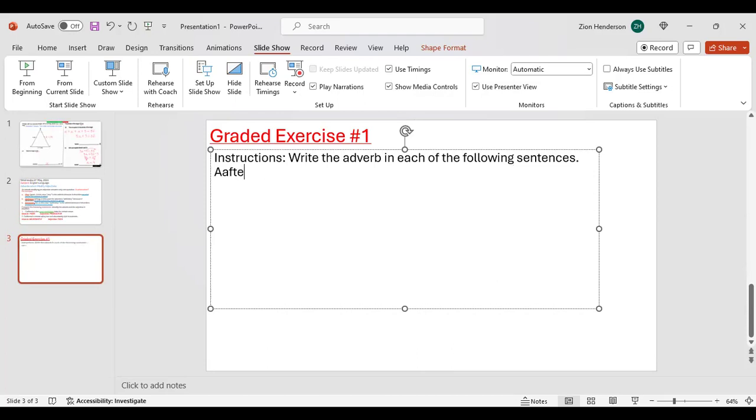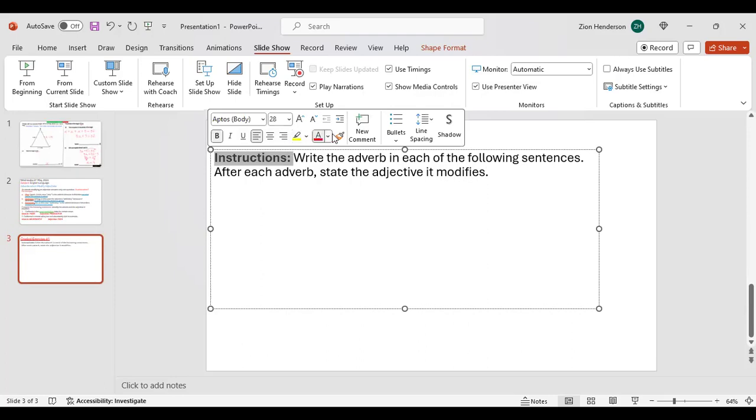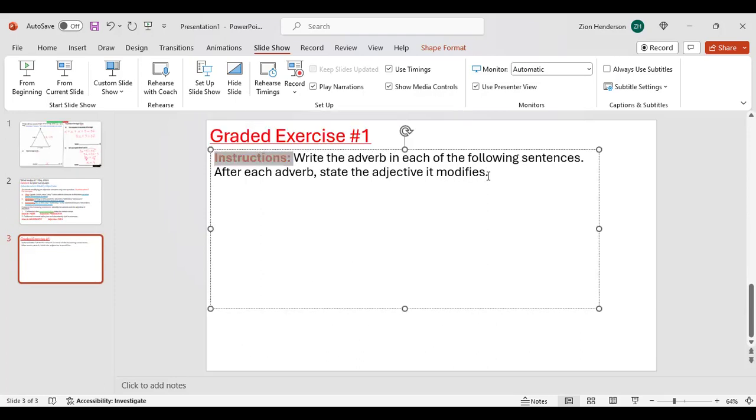After each adverb, state the adjective it modifies. Do y'all understand that? So let's go ahead and write down the questions.